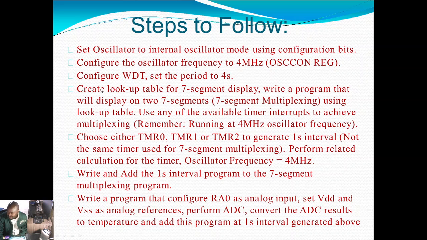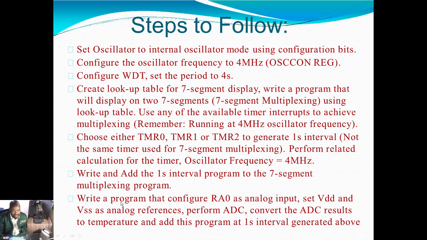And then after creating a 7-segment multiplexing program where I'm using lookup tables to display on a 7-segment, I can then go and implement a 1-second interval, either using one of the timers, timer 0, 1, or 2, generate a 1-second interval program, and then add this program to the 7-segment program.